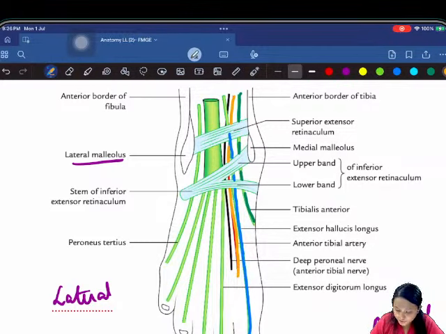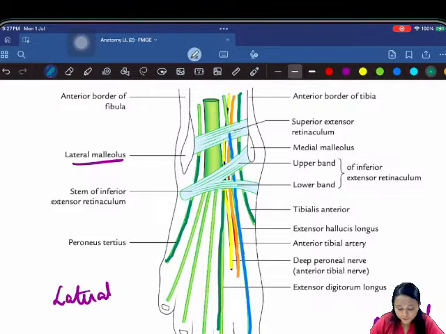After the artery, you have the nerve, that is the deep peroneal nerve or the anterior tibial nerve. Are never. Tall husbands are never. And then you have the digitorum, are never dear. So you have digitorum, and then you have peroneus tertius, that is persons.